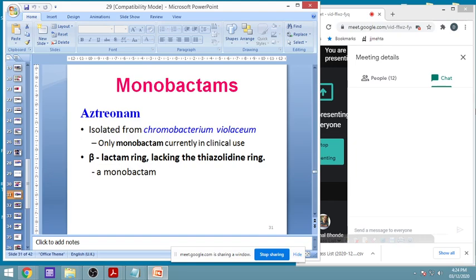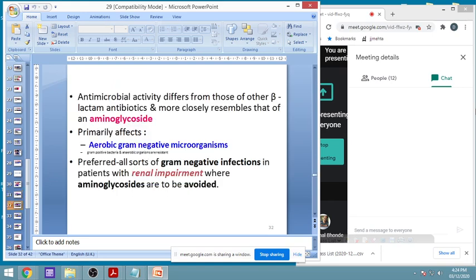There is no thiazolidine ring, therefore we call it a monobactam. It has antimicrobial activity that differs from those of other beta-lactam antibiotics, and it more closely resembles that of aminoglycosides. Aminoglycosides means streptomycin, etc.